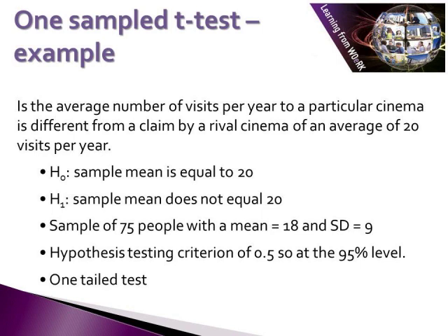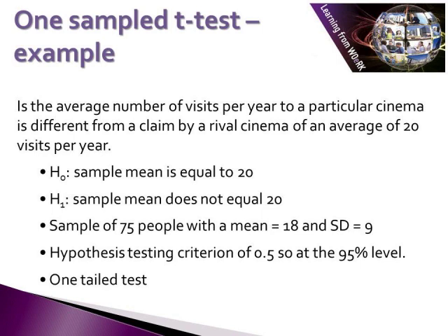We want to know if the average number of visits per year to a particular cinema is different from a claim by a rival cinema of an average of 20 visits per year. We will not measure every visit to the cinema in the population. We can't go and ask every single person in the whole population how many times they go to the cinema.